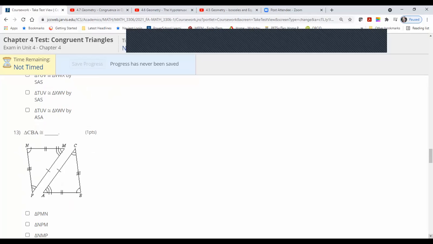Okay. So you have triangle CBA should be congruent with what? And MP, right?